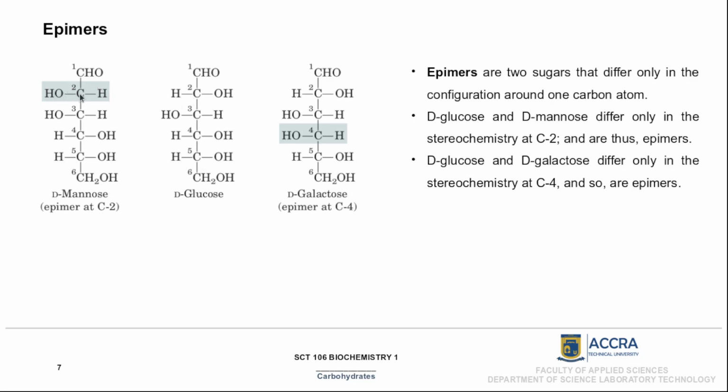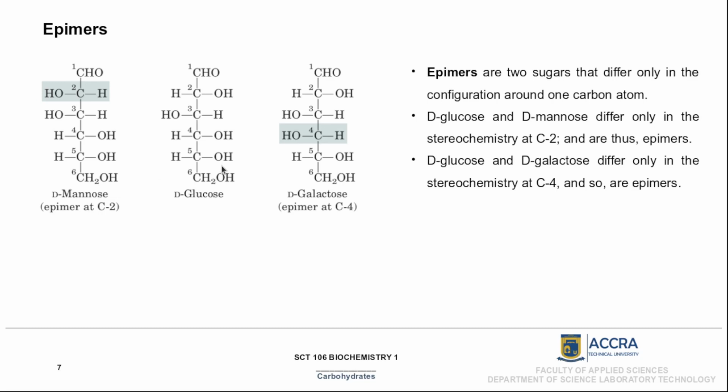You see the hydroxyl group on carbon 2 in mannose pointing to the left, whilst in glucose, the hydroxyl group is pointing to the right. All the other positions of the groups around the carbon atoms are the same. So glucose and mannose are epimers.